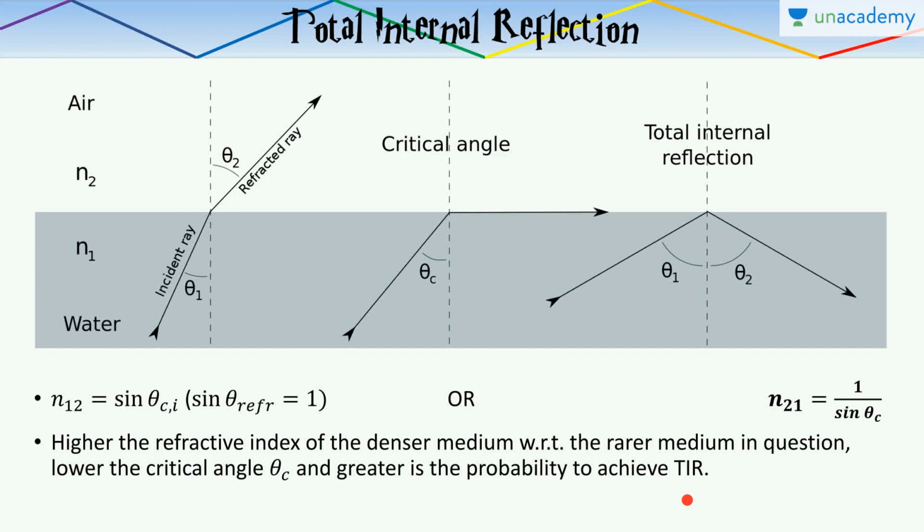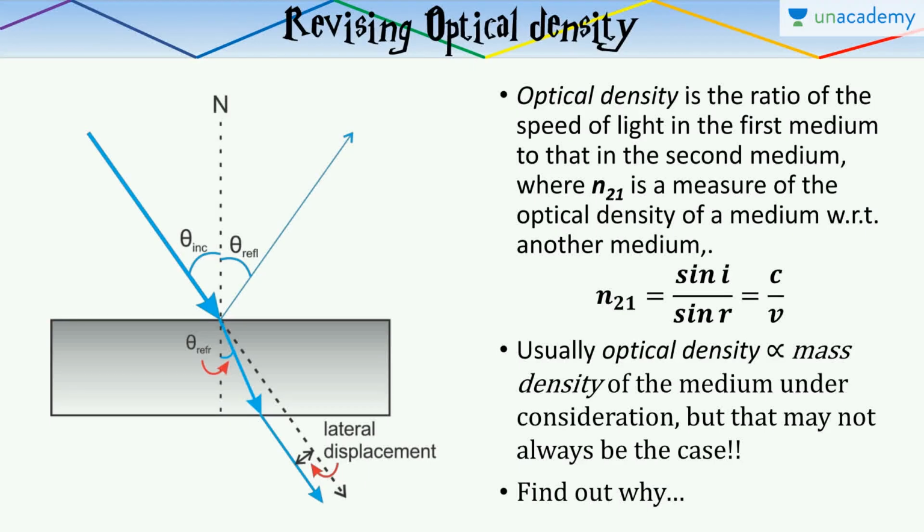Let's revise what optical density really is. We have done this in the past, just revising. Optical density is the ratio of the speed of light in the first medium, here the rarer medium, to that in the second medium, which is here the denser medium.